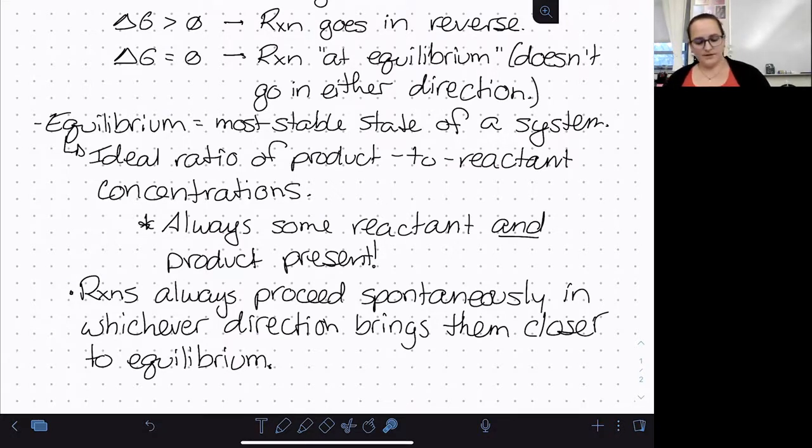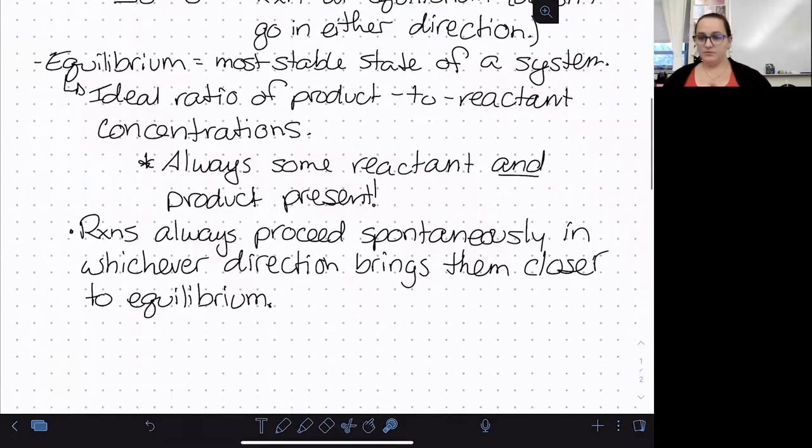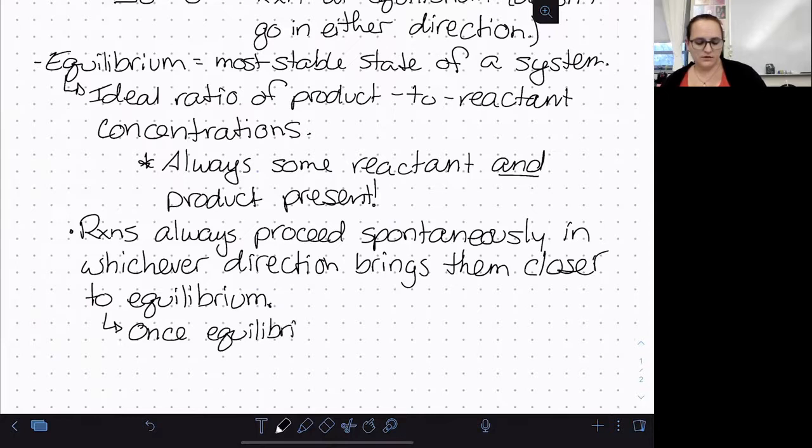Once your system reaches equilibrium, wherever that may be, whatever that may look like, your concentrations stop changing. Everything stays constant.